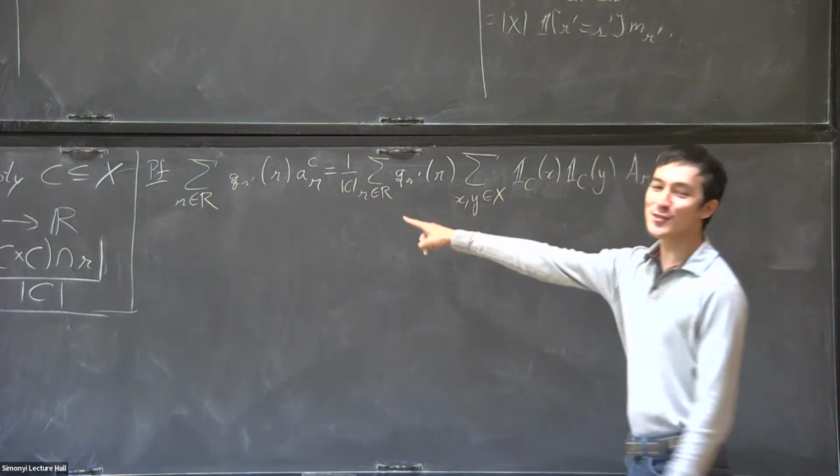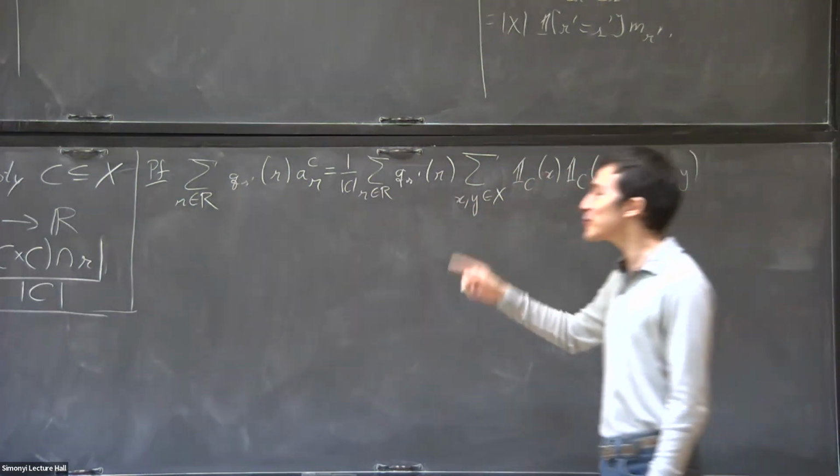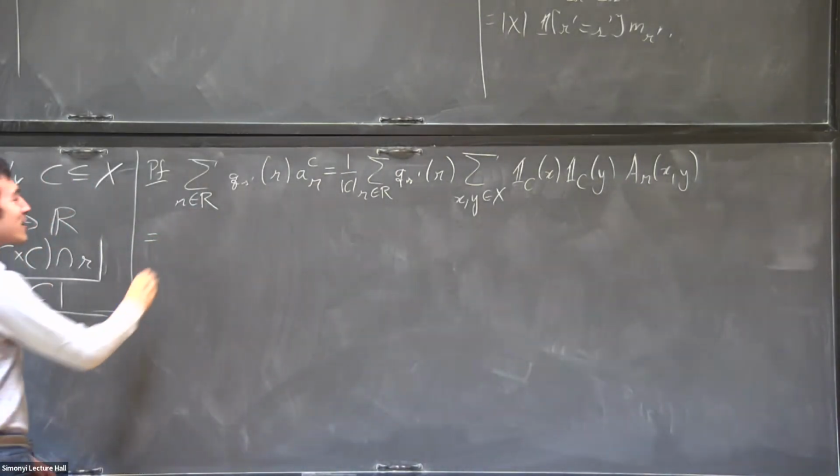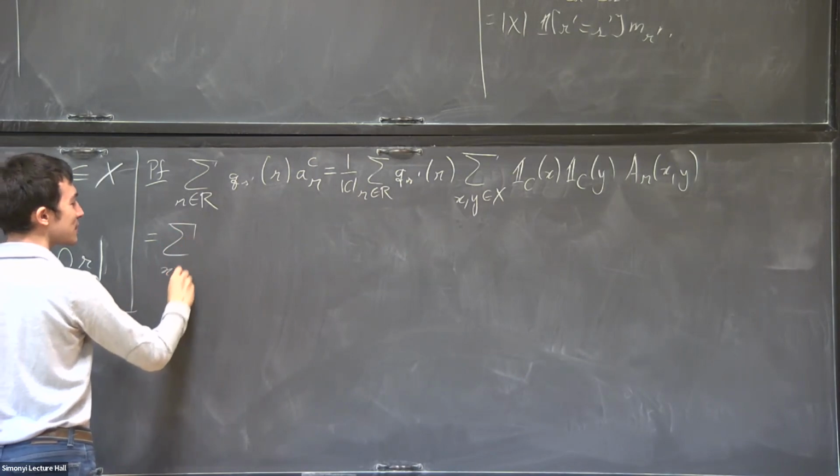Every time you see two sums, you just swap them. You don't think about it, you swap them, and then you see if something went wrong. And typically everything will go correctly. Let's just swap these sums.